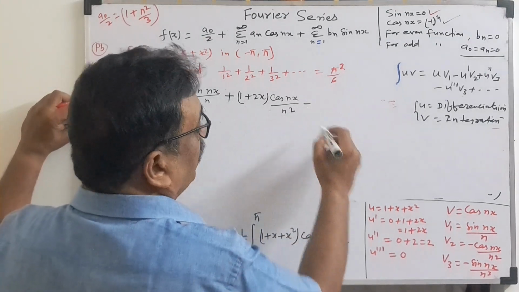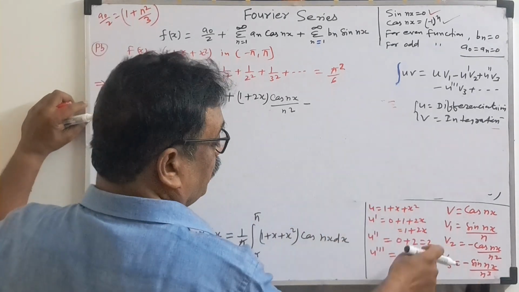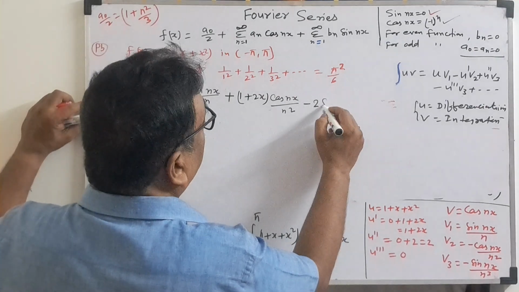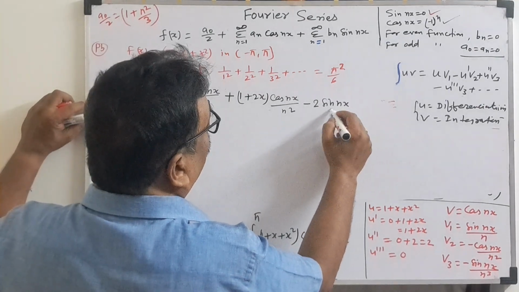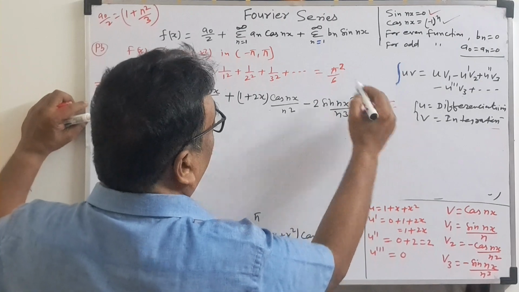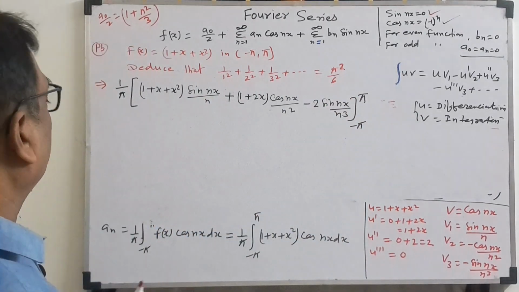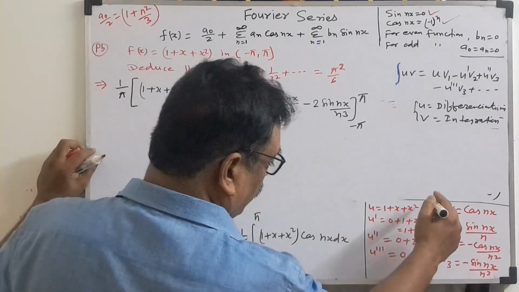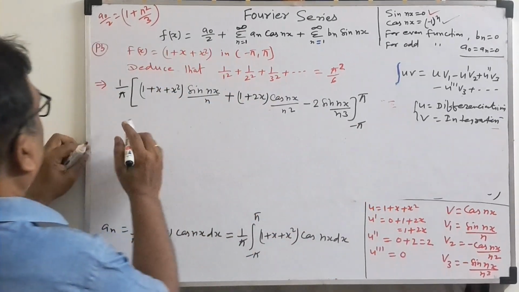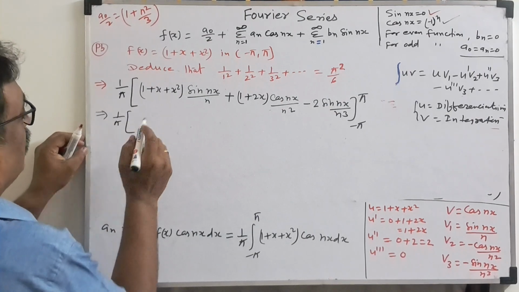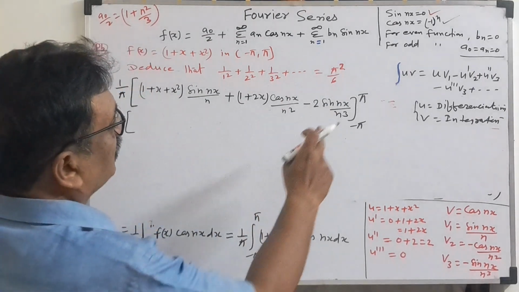Formula plus, but here minus, here plus 2, due to this minus it becomes minus sin nx by n cube, from minus pi to pi. Apply the limit. So we got the uv integration. Always do these terms carefully and substitute. Now apply the limit. Now see where the sine will be there.